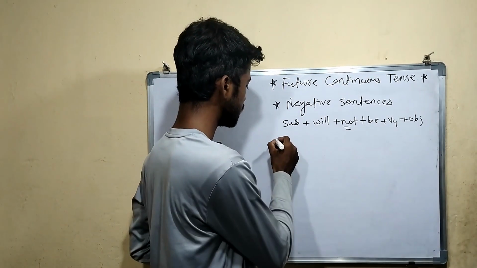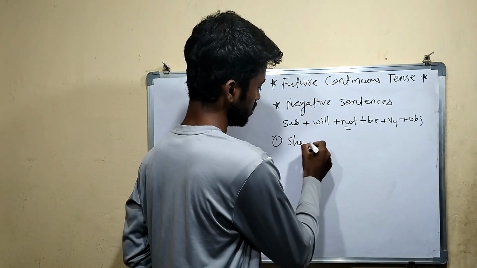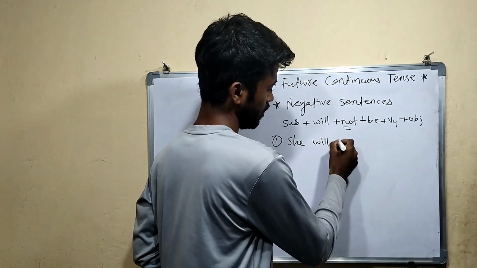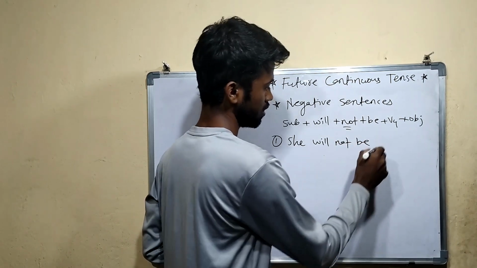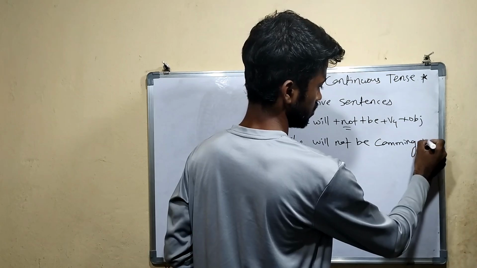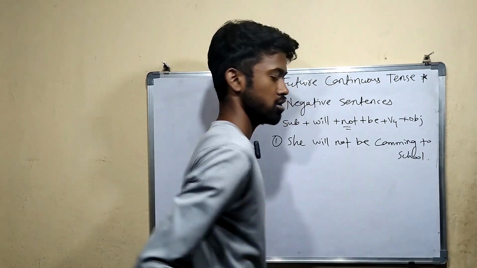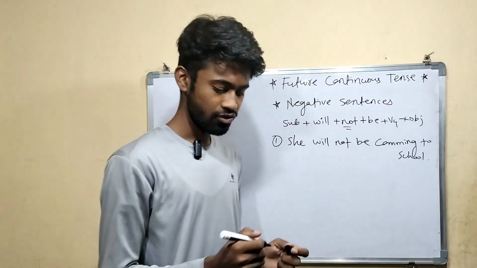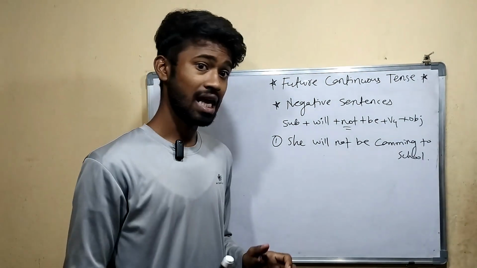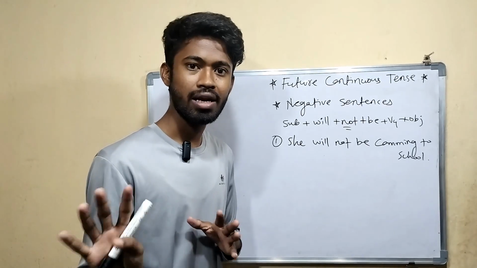Now let's see the examples. First example: she will not be coming to school. Here I am not specifying time. Every time we have to specify time, but now I am not writing that. You have to assume any time, at 6 o'clock, 7 o'clock at night.